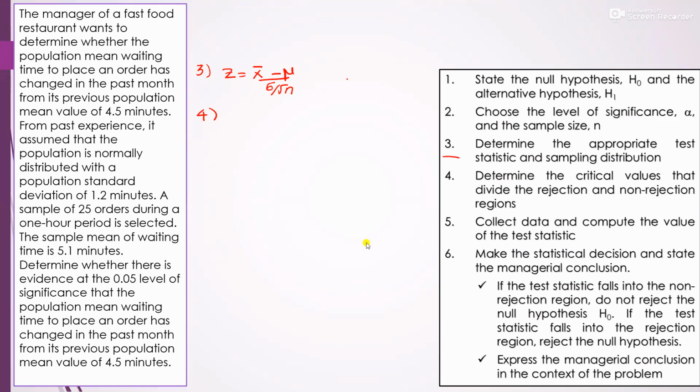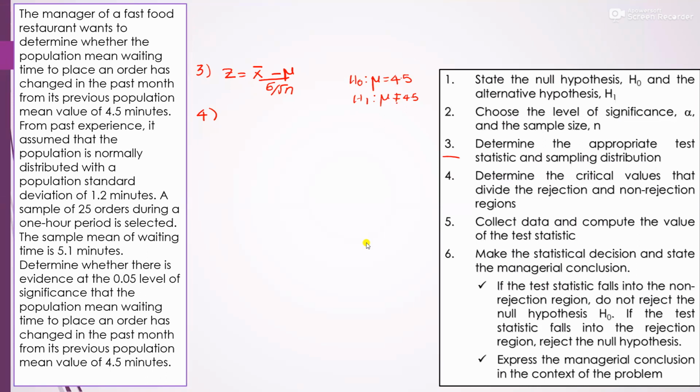From the previous slide, here I am writing the H naught and H1. H naught: mu is equal to 4.5, and H1: mu not equal to 4.5. Based on H1, it is a not equal sign. First we have to decide whether it is a one-tail or two-tail test.